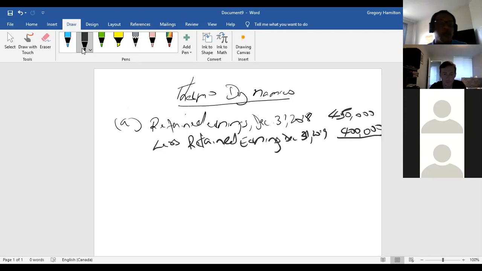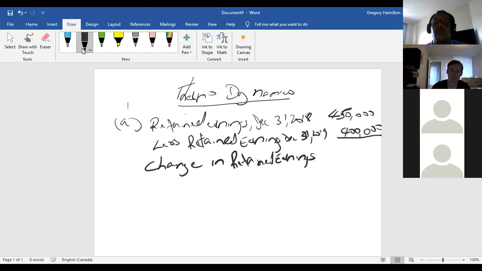Take that away, we have the change in retained earnings in 2018 of 50,000, right? That's the change in retained earnings.